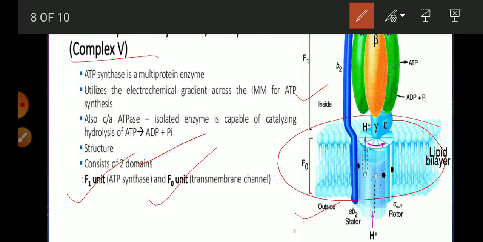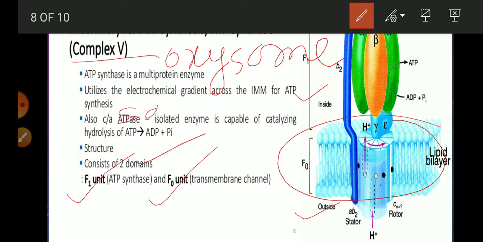The enzyme required for this synthesis is called ATP synthetase, which is also called oxysome or stalked particles.